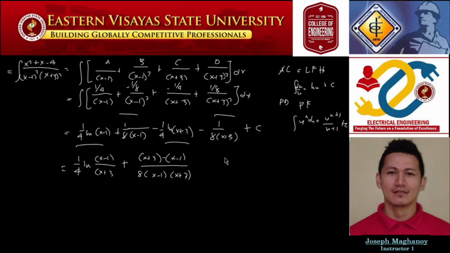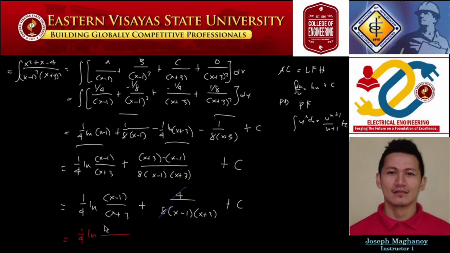Okay, so we write our final answer. That is 1/4 ln x minus 1 x plus 3 plus 4 here, 8 x minus 1 x plus 3 plus c, so we cancel our 4, so it is your final answer: 1/4 ln x minus 1 x plus 3 plus 1 over 2 x minus 1 x plus 3.